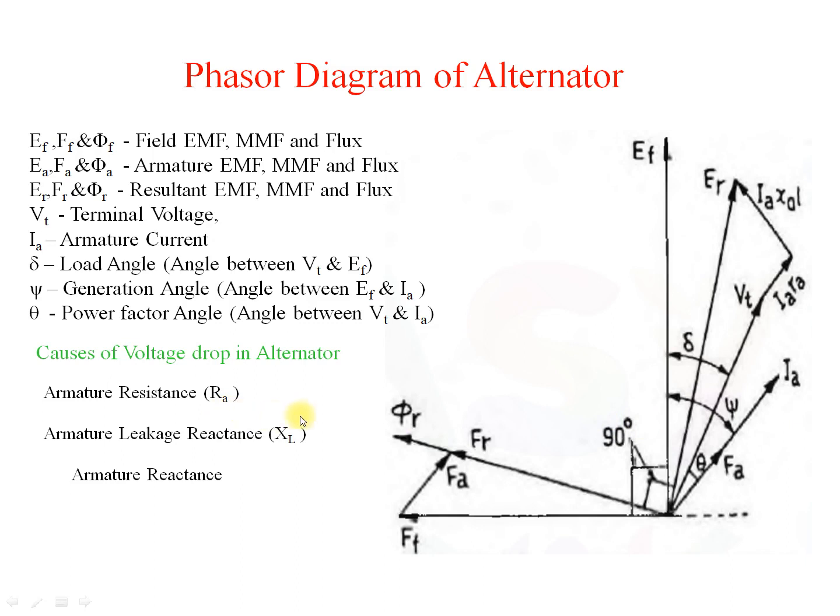So in this lecture we are going to see about the phasor diagram of an alternator and the armature reaction in an alternator. Why we need to study this phasor diagram is that we need to calculate the voltage regulation of an alternator.